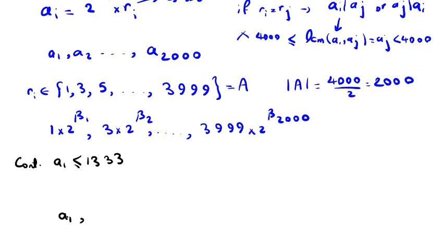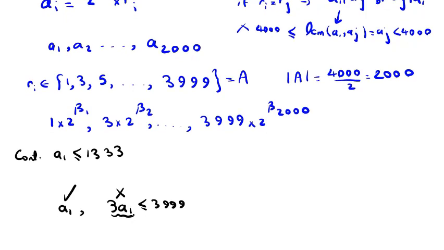So we have A1, and A1 is selected, but if you consider 3A1, we know it is at most 3999, because A1 is at most this. So we can't select this number, because here we said if one of them divides the other one, then the LCM will be 3A1, and 3A1 is less than 4000. So we don't have 3A1, but 3A1 is an odd number. We said we have all odd numbers times 2 to the power of something.